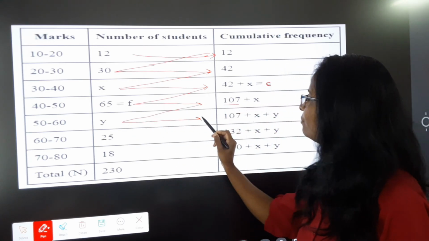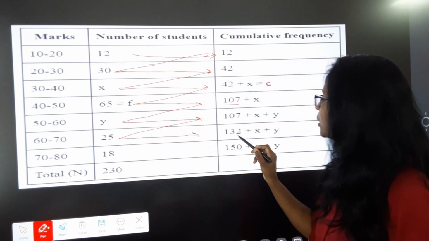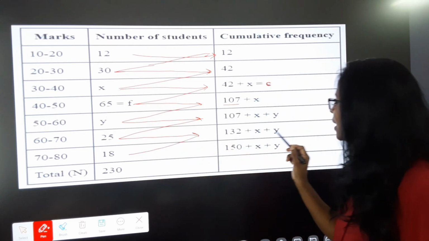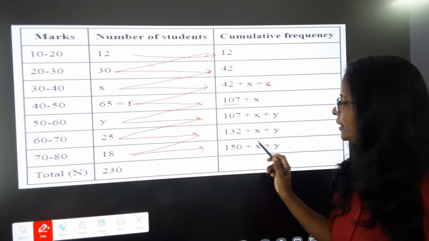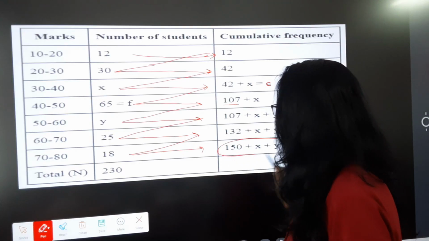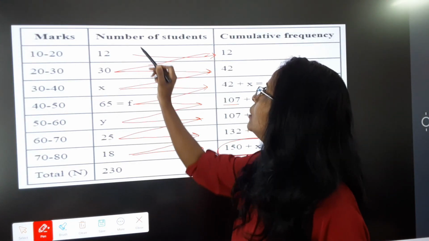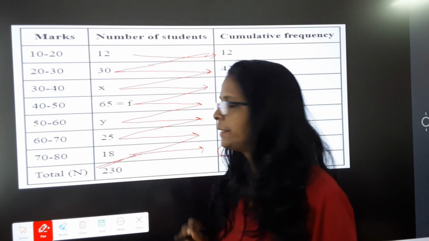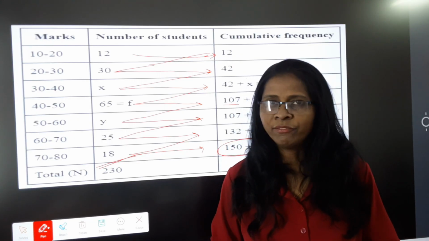Then 107 plus x plus y plus 25, that means 132 plus x plus y, and then 132 plus x plus y plus 18, that means 150 plus x plus y. That will be the last cumulative frequency. And here students, the total of the frequency is equal to 230. That is represented by n, or we can call it summation fi also.